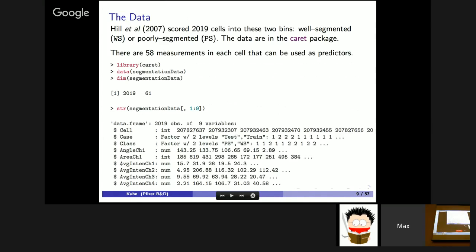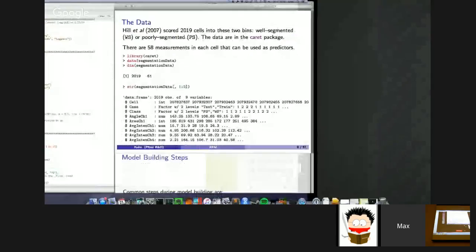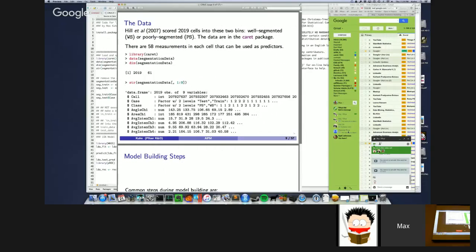And then they have things about the average pixel intensity of the cell body, the average pixel intensity of the nucleus, and so on. So again, I've shown you 6 predictors here. There's actually 58 in total that we'll use to then try to predict this column here for poorly segmented and well segmented. Okay, I can take a minute and answer any questions.